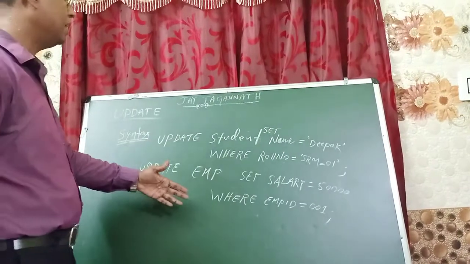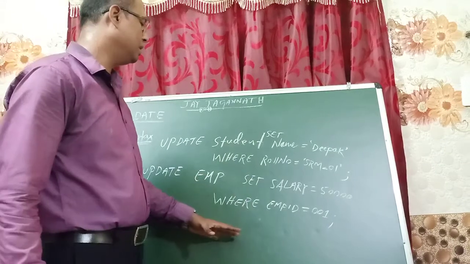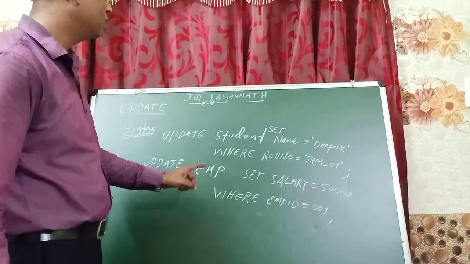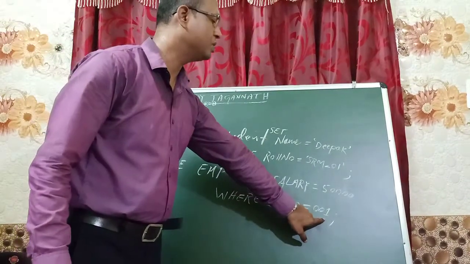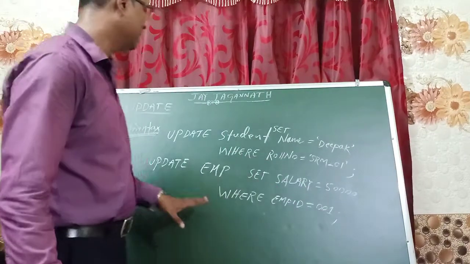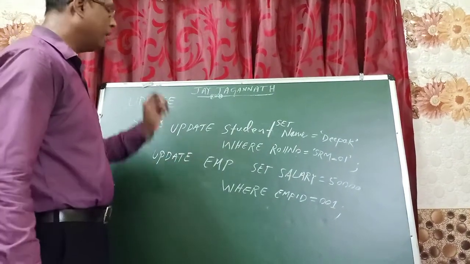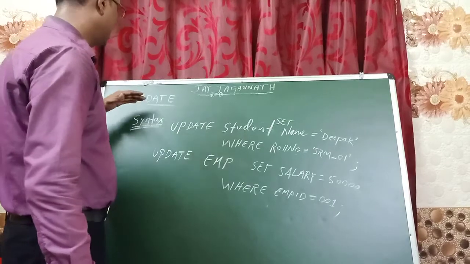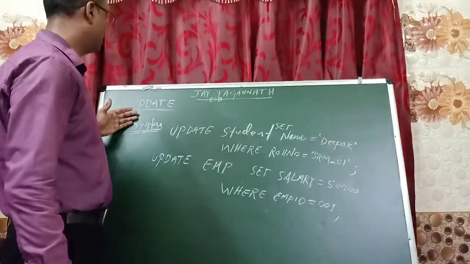So we change the amount of salary of the employee whose employee ID is 001, last semicolon. This is the way we can use the update command.